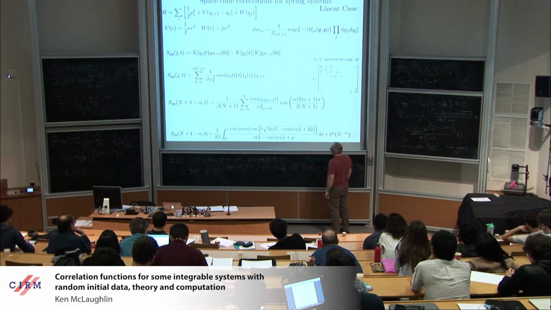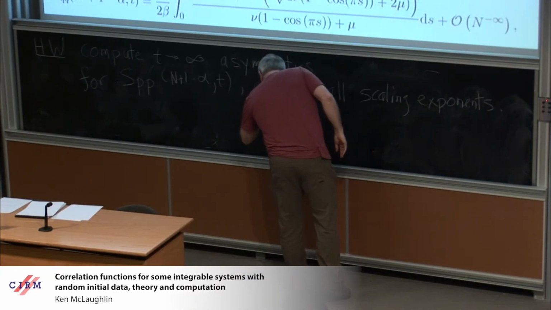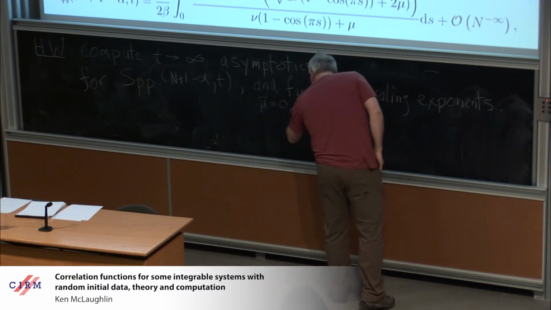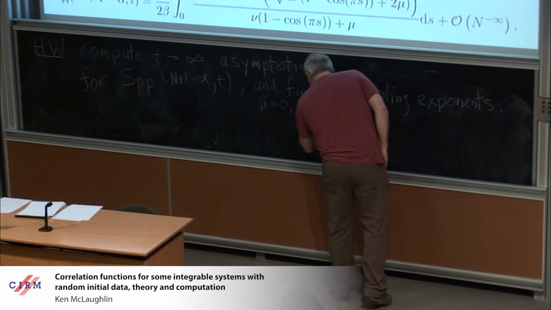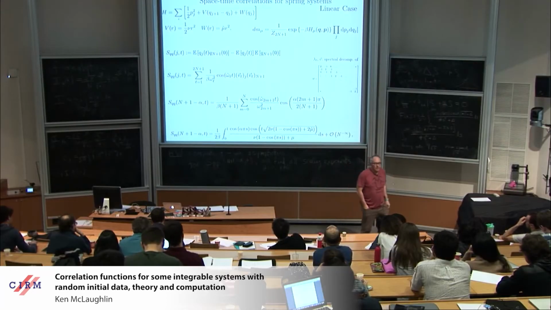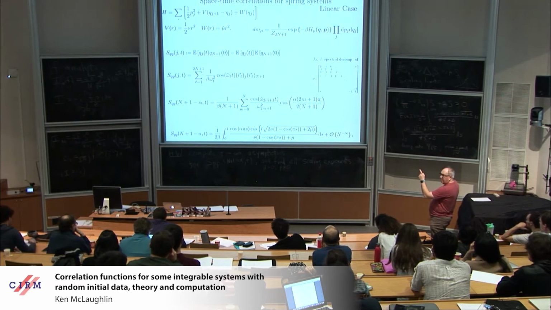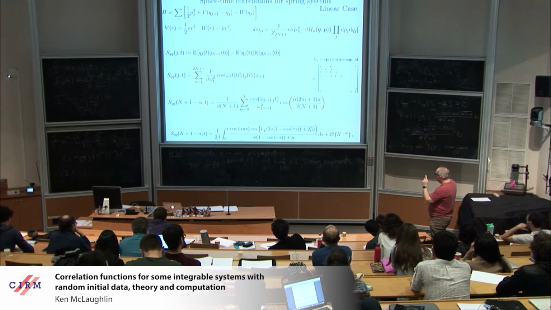I would like to suggest taking mu tilde equal to 0 and mu equal to mu positive. So mu tilde is the coefficient in the Hamiltonian that describes the equations of motion, and mu is the coefficient in the Gibbs measure.